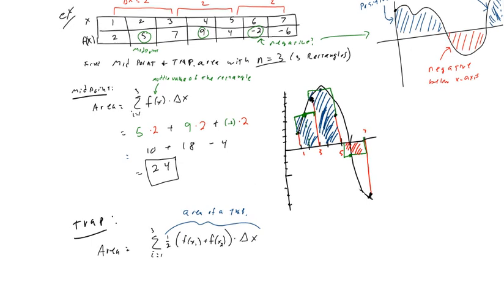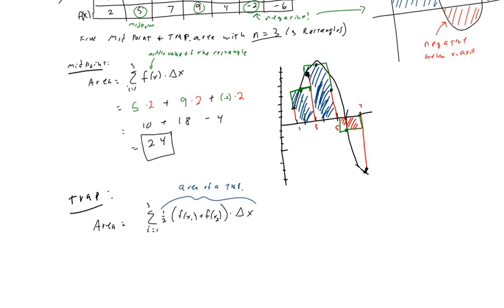For the area, we're going to get, still times 2, but my heights, 1/2 of, I'm going to have to add the 2 heights together, meaning my first edge and my second edge. This is for the trapezoid.